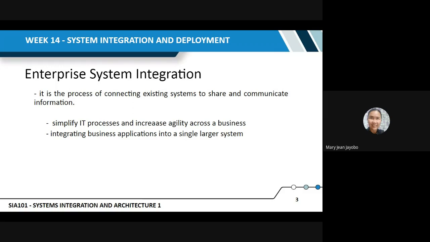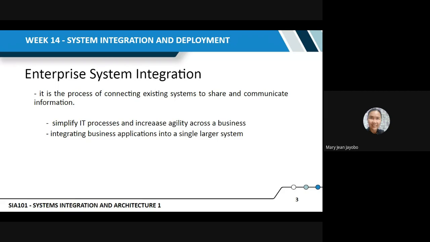For example, if you have an integrated human resource system application, sometimes we need to have payroll connected, right? Because how will payroll be done?